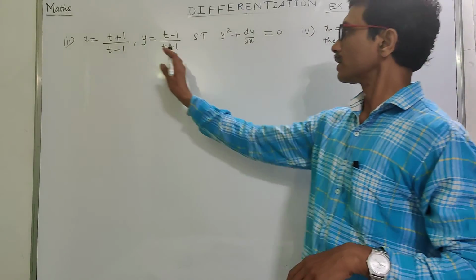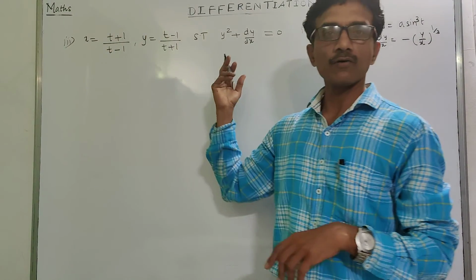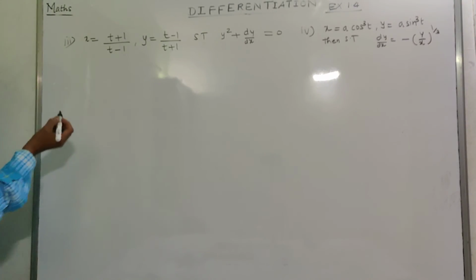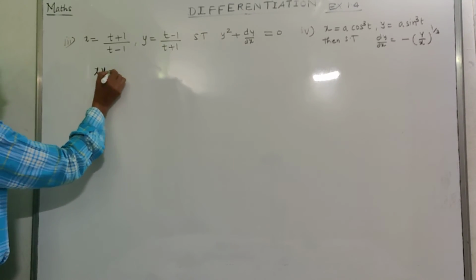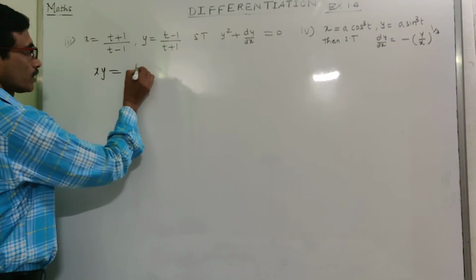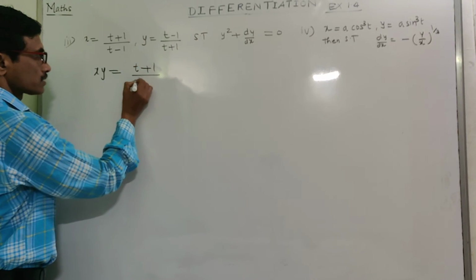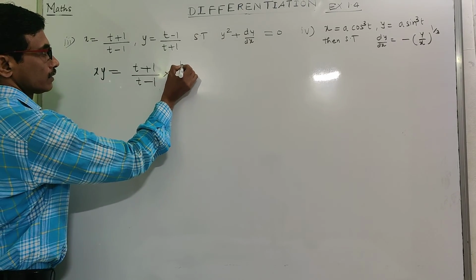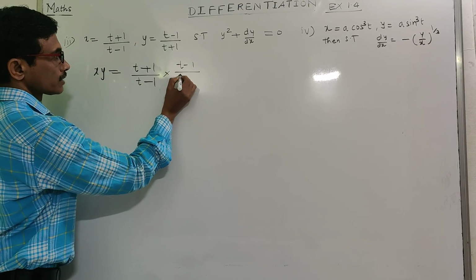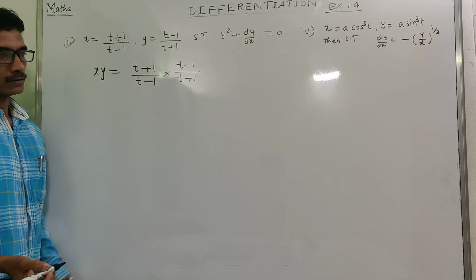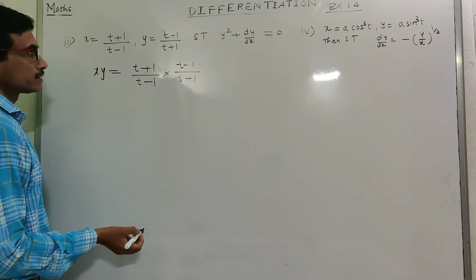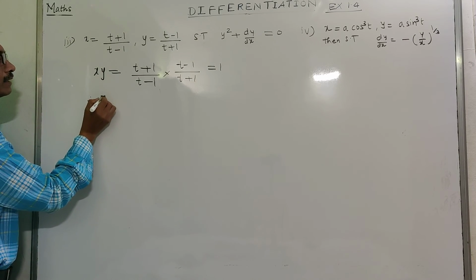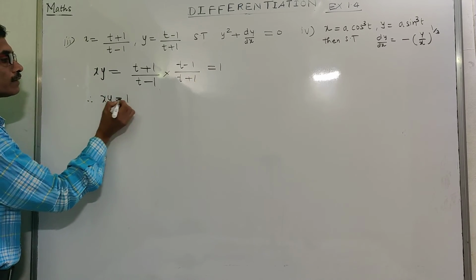So if we multiply x into y, t will be eliminated. x into y is equal to t plus 1 upon t minus 1 into t minus 1 upon t plus 1. They will cancel each other, and that is equal to 1. So x into y is equal to 1.